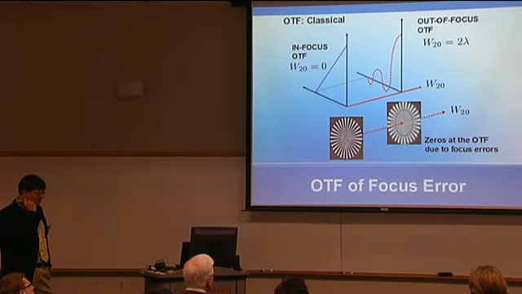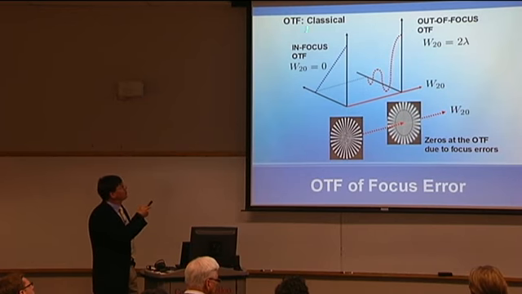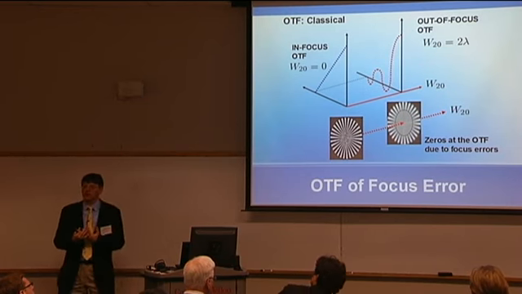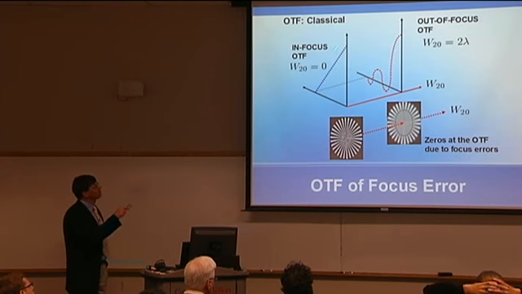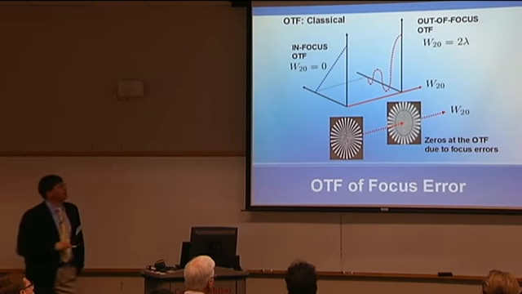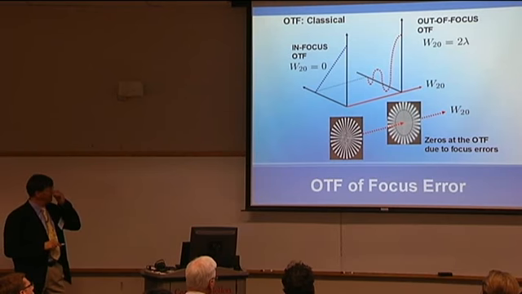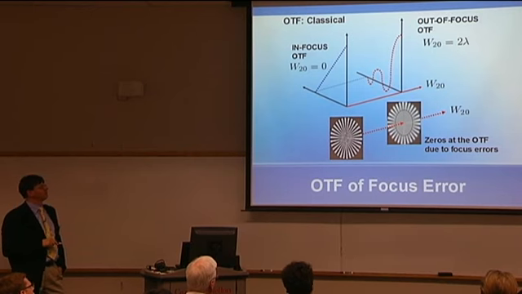So when the complex amplitude changes, the optical transfer function, that means the autocorrelation of this complex amplitude, changes. This is, at least for a two-dimensional system, the ideal OTF. It is just a linearly decreasing, triangular function, and the out-of-focus OTF looks something like this.